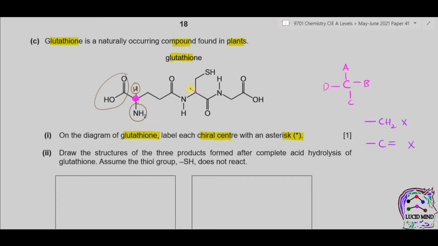Then looking at this carbon, we know that also a hydrogen atom is present. So one group, second group, and this whole is third group and this whole is fourth group. So yes, this carbon is also chiral. This carbon is double bonded. This carbon has 2 hydrogen atoms. This is double bonded. So we only have 2 chiral carbons present. Now we can draw an asterisk with each.